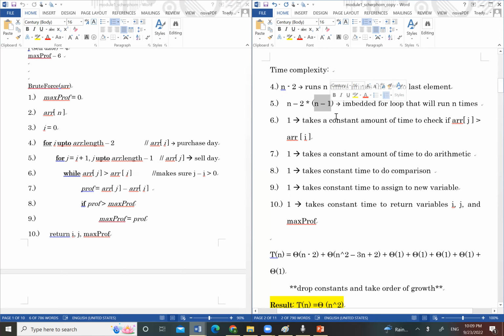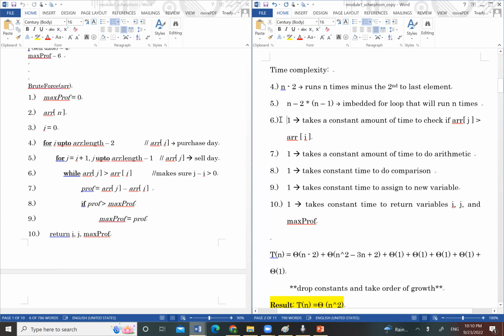So it's at the end. But since it's embedded, you have to multiply it by n minus 2, which is the outer for loop. So that'll be n squared minus 3n plus 2. But we'll get to that down here in the time complexity equation.